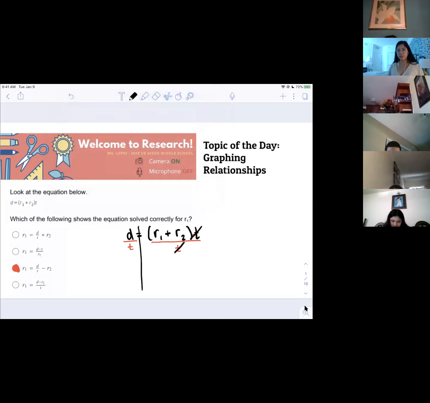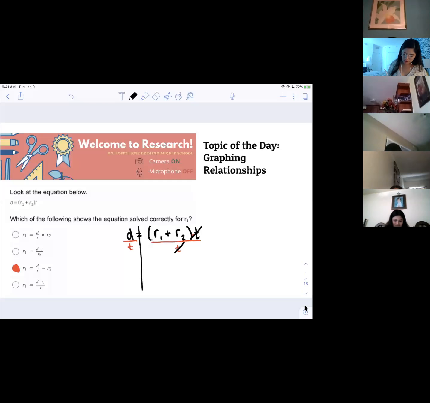When you see parentheses, usually what do you think about? Multiplication. You kind of think in your head, okay, I'm going to distribute. But in this case, we're not going to distribute because we don't want to add more things to our problem. We want to get rid of things, and we want to get rid of that T. So that's why we divided.